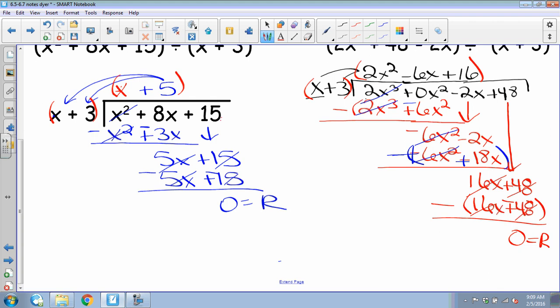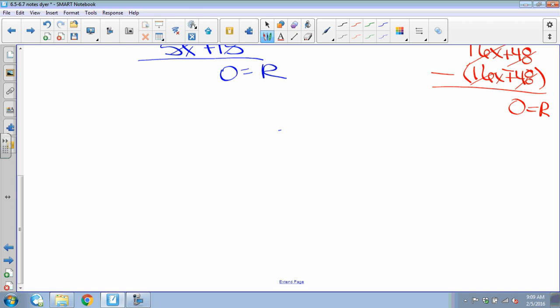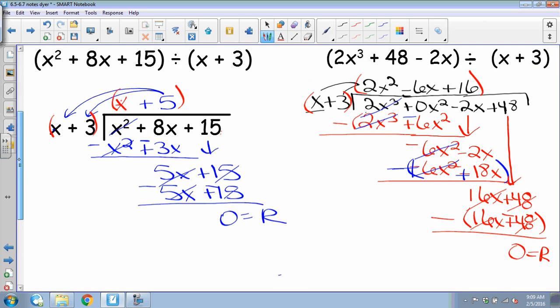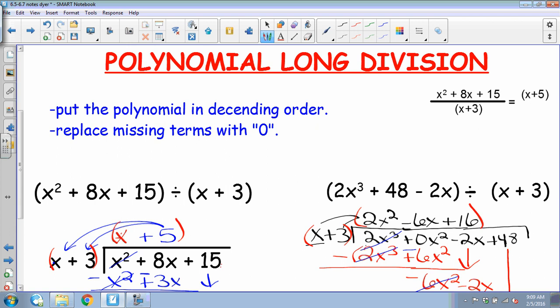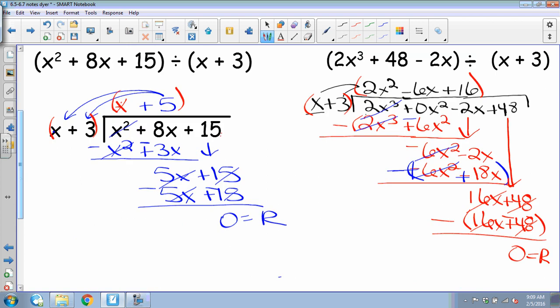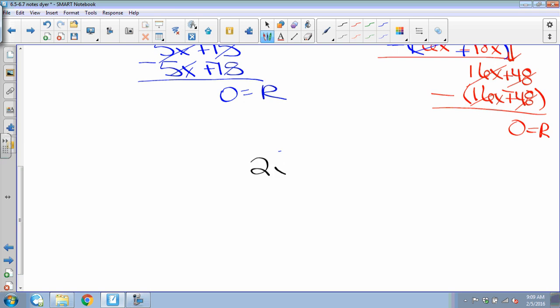And so what I want you to realize at this step, you don't have to write this down, is that our original polynomial was 2x to the third minus 48 minus 2x. 2x to the third minus what?